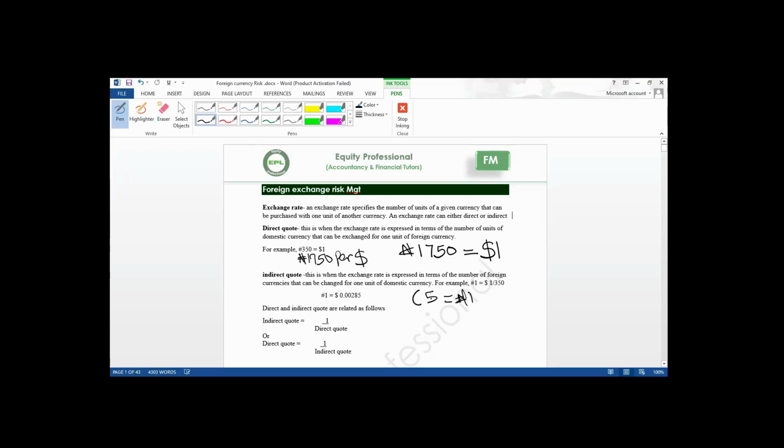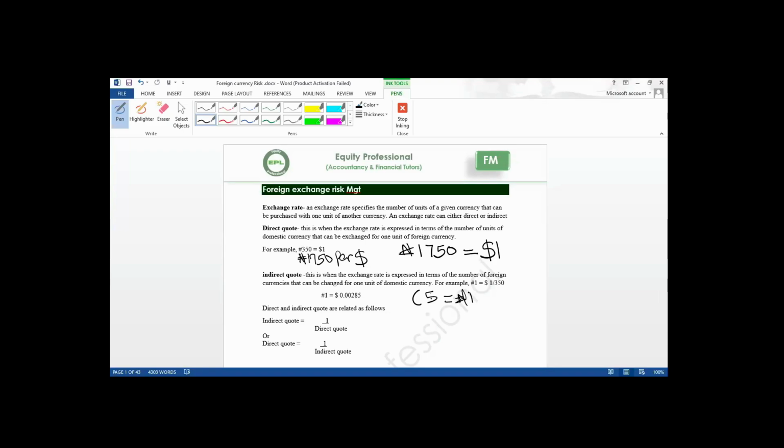Naira is local currency. The number of units of foreign currency that can buy 1 unit of local currency is indirect quote. That means you require 5 cedis to be able to buy 1 naira. This is indirect quote.